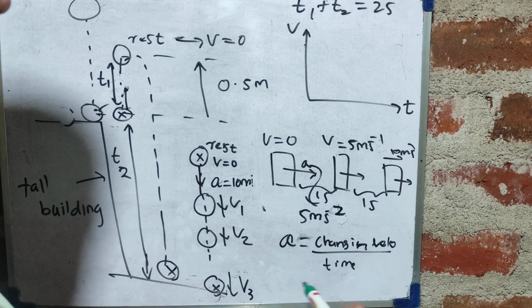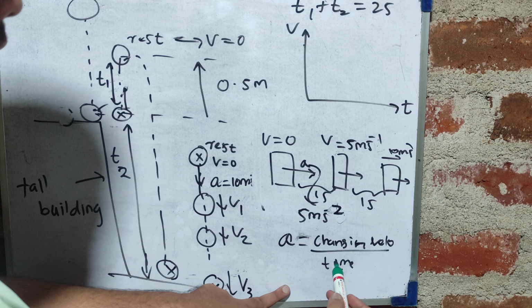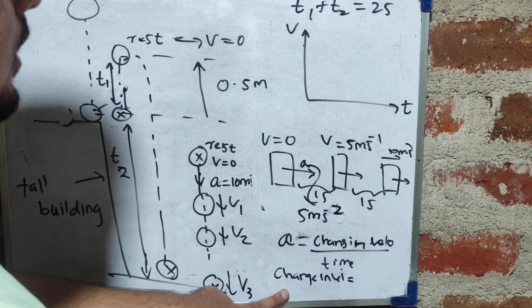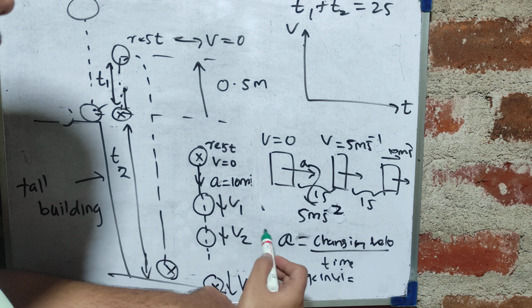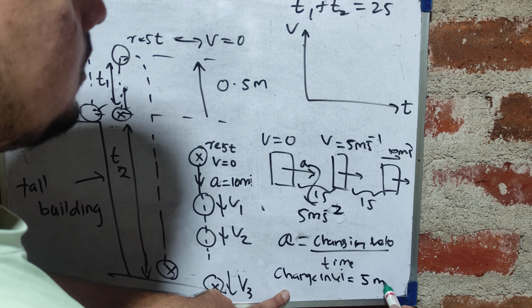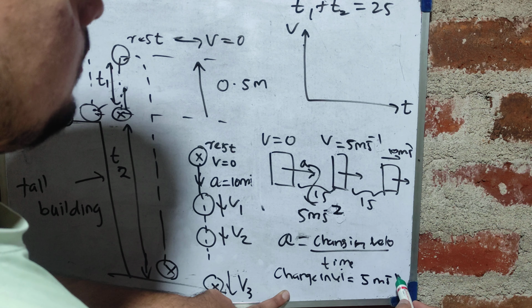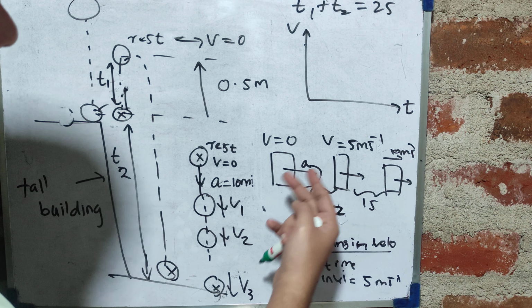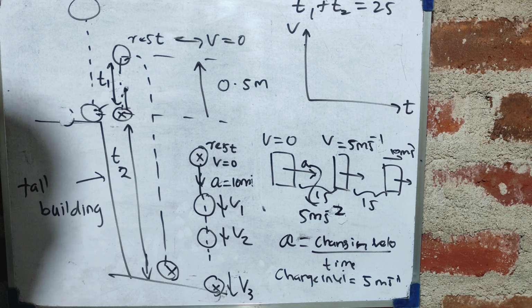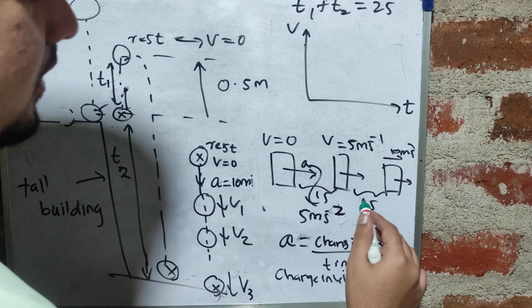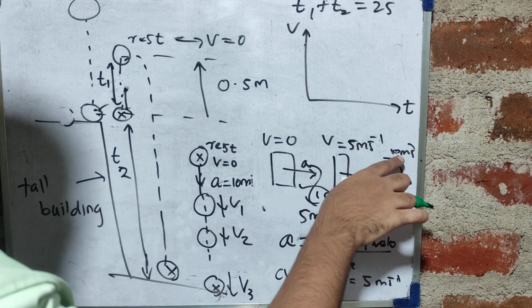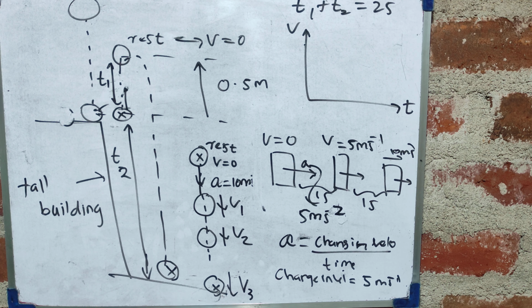My time is 1 second and acceleration is 5, so the change in velocity is 5 into 1, that is 5 meters per second. Initially it's 0, the change in velocity is 5, so it's 5, and then with the same acceleration it's going to increase up to 10.